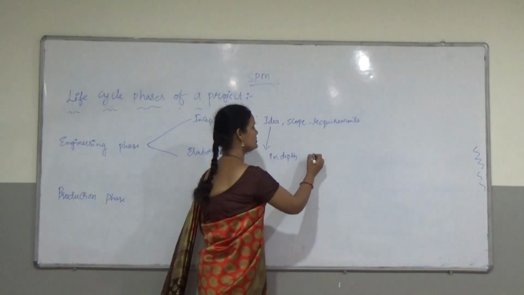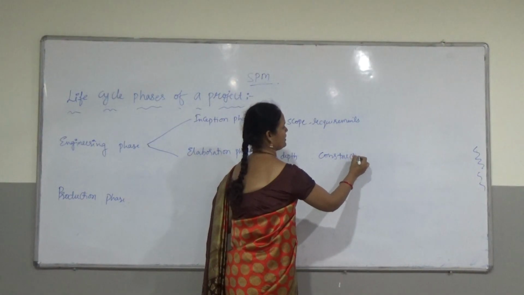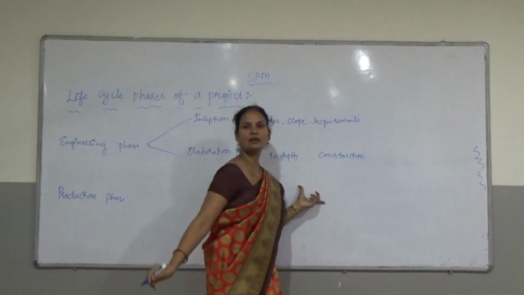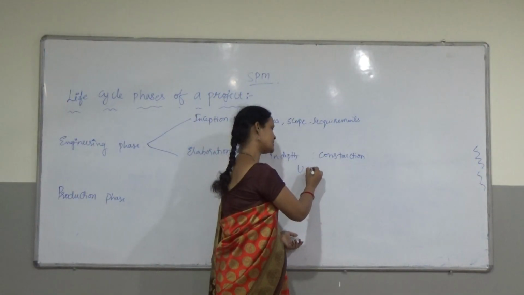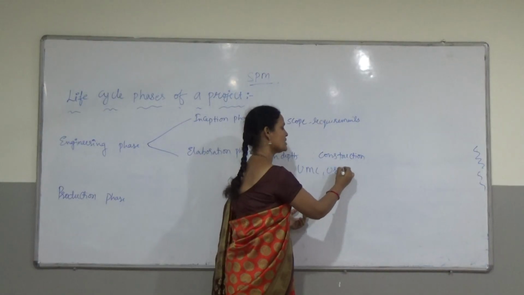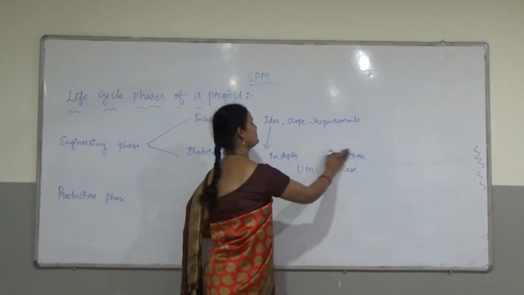Here we also think about the construction, with the help of modeling software diagrams like UML diagrams, collaboration diagrams, and use case diagrams. All the software architecture can be done with the help of these.